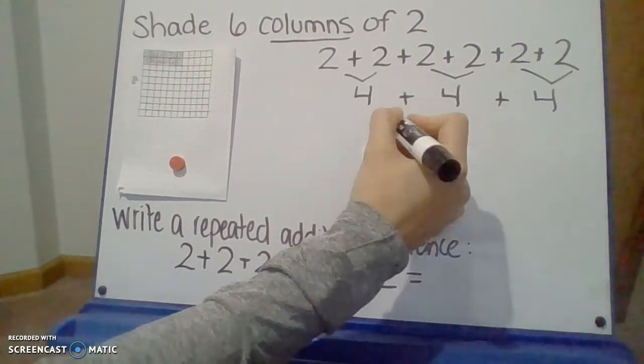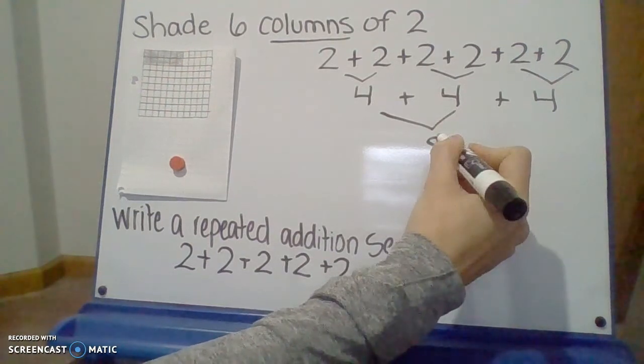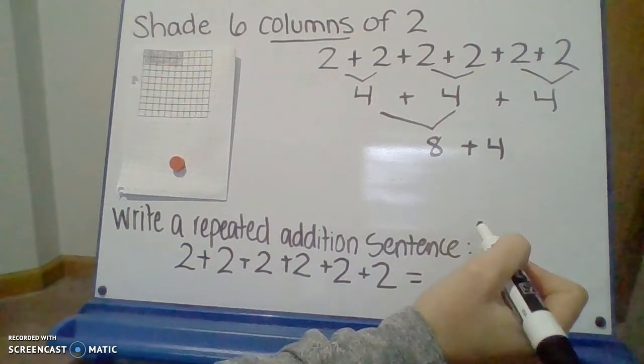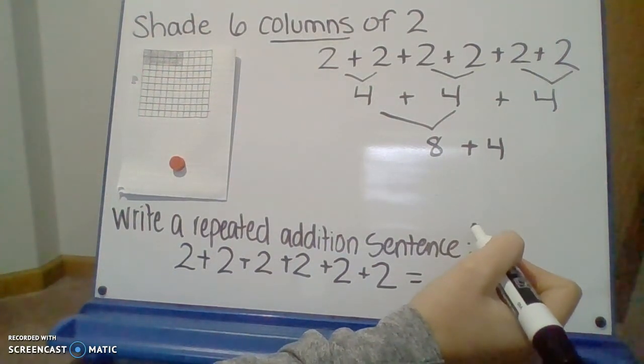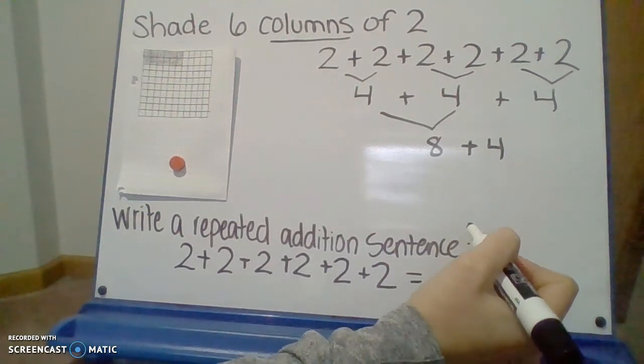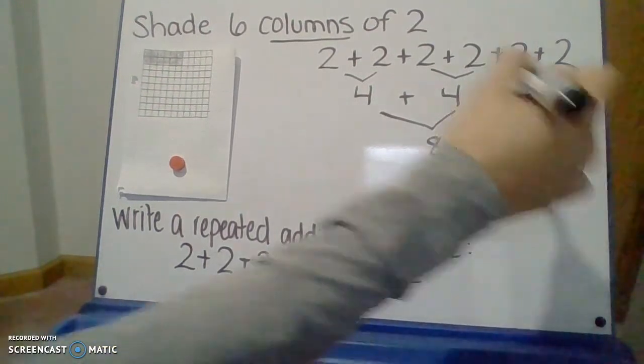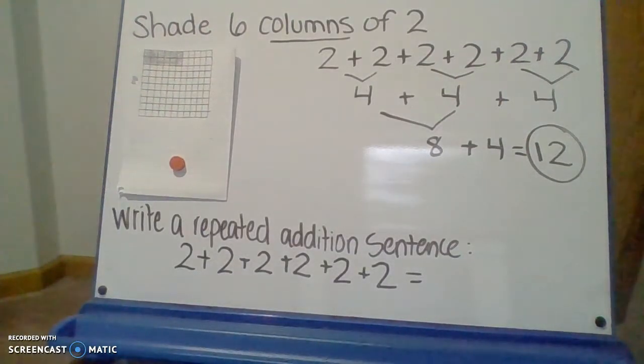And we can add. We know 4 plus 4 is 8. Plus 4. What's 8 plus 4? It's going to give you 12. So you have a total of 12 in your array.